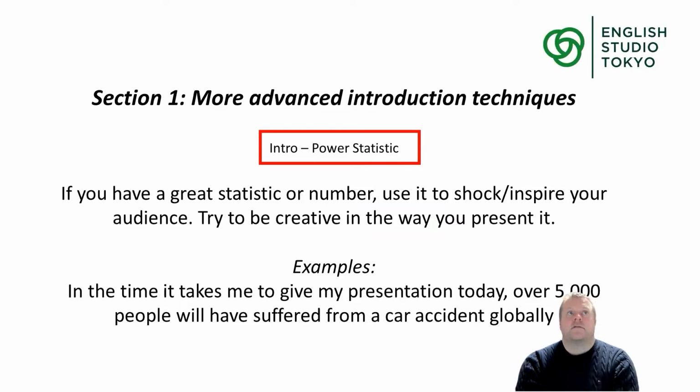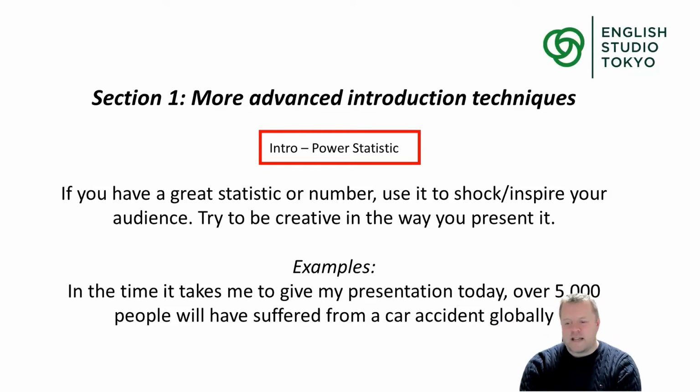It must be really amazing, like how amazing you are. It must generate an emotion in your audience. If your power statistic has no emotional context, it's not going to help your audience get excited about your presentation.